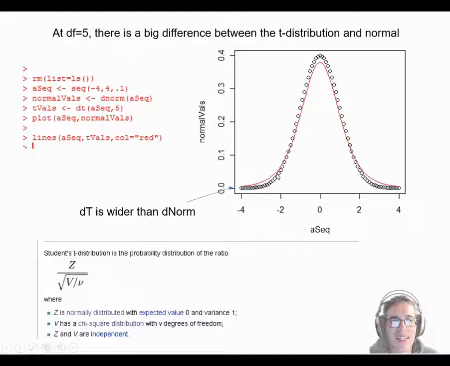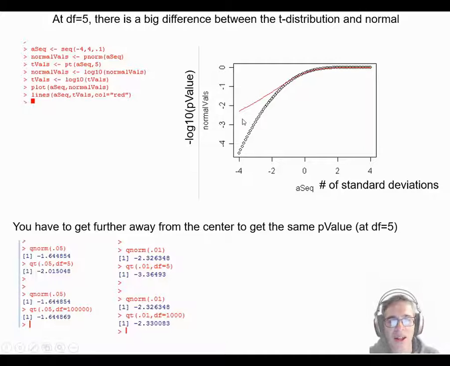So because dt is wider with 5 degrees of freedom than dnorm, you're going to get more probability counted up here. So the t-test is going to be more conservative than the z-test. You can see it this way on the histograms, or you can see the same thing using the cumulative distribution function, using pnorm and pt instead of dnorm and dt.